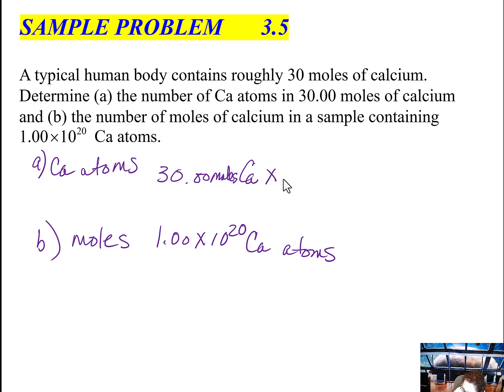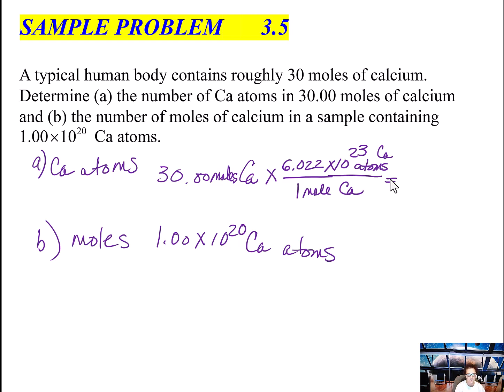So we know that our conversion is going to be Avogadro's number, so that we know that there are 6.022 times 10 to the 23rd atoms of calcium in 1 mole of calcium, because there are 6.022 times 10 to the 23rd of anything. And this is a good time for you to check your calculator and make sure that you are putting it in correctly.